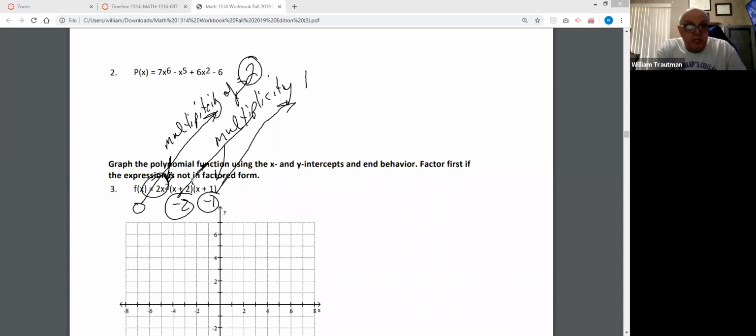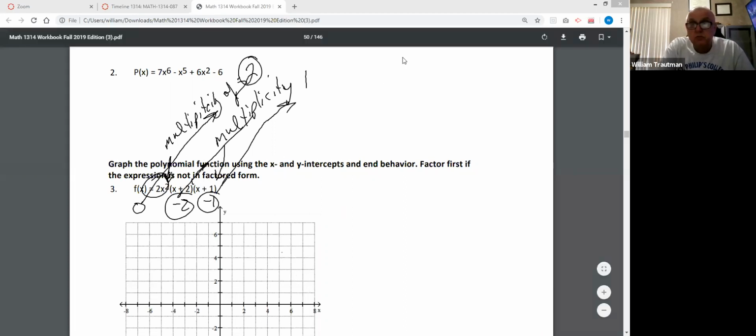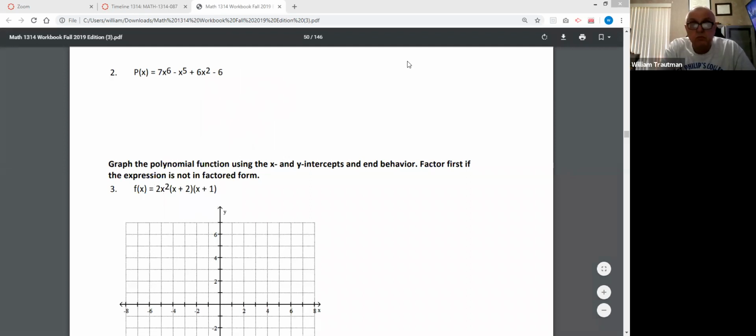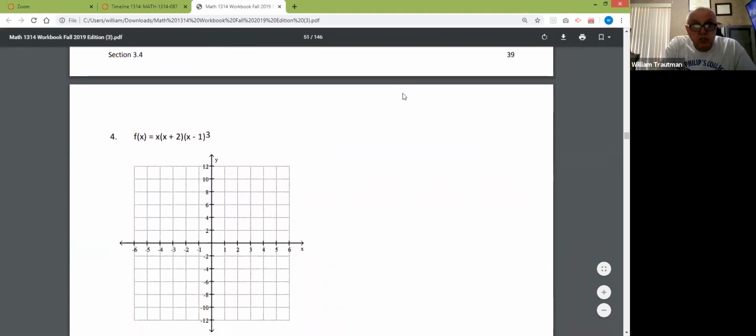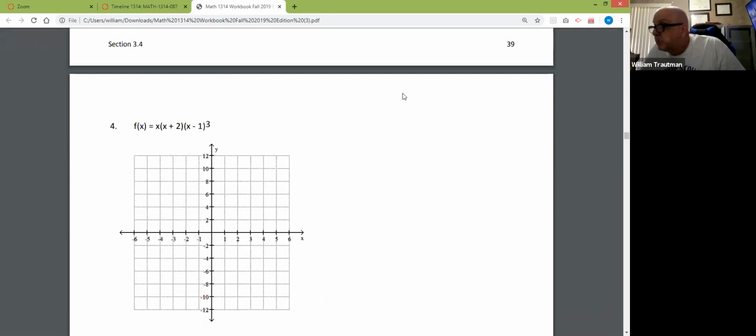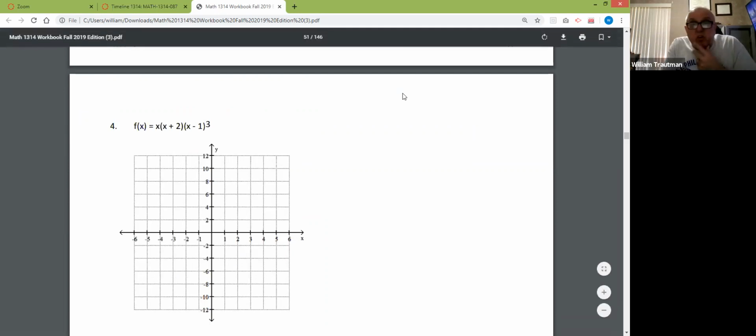Find the x and y intercepts. So we did that on this one also. We wouldn't have to graph these, so I'm not going to worry about graphing them.